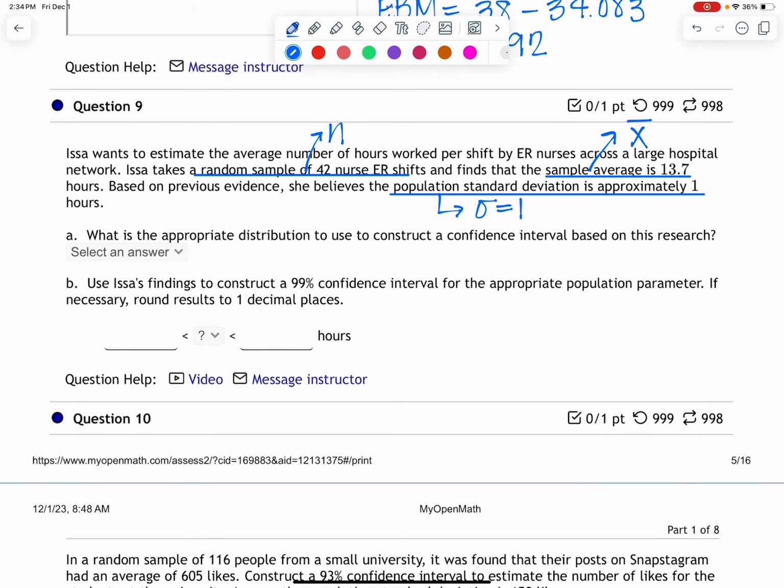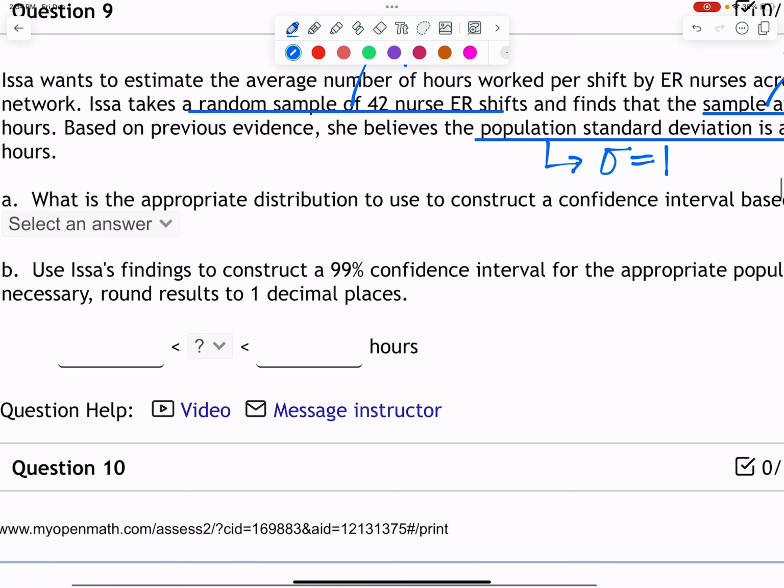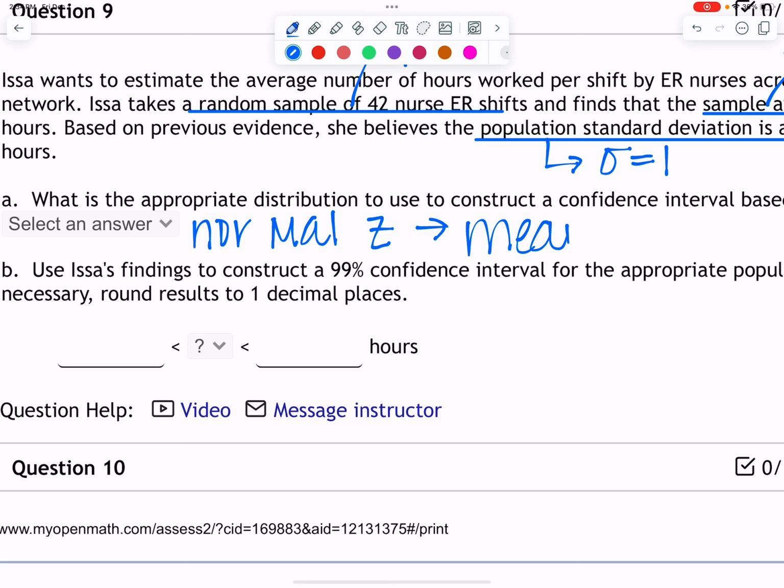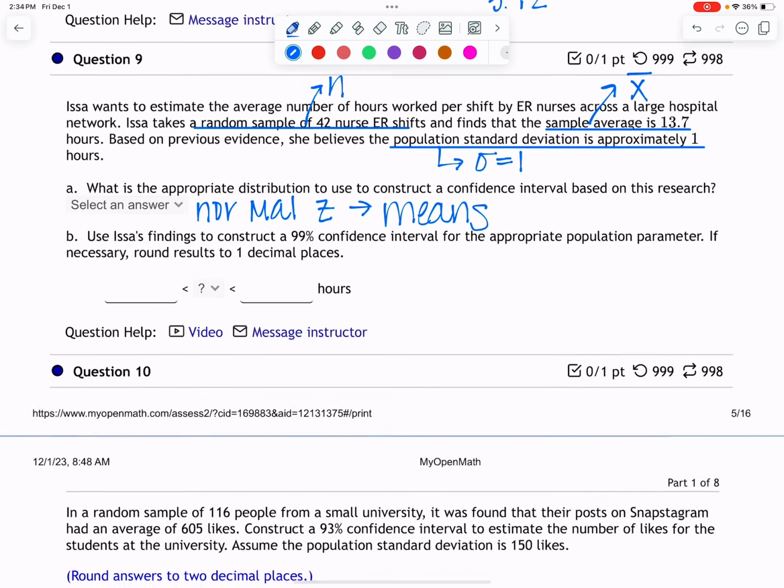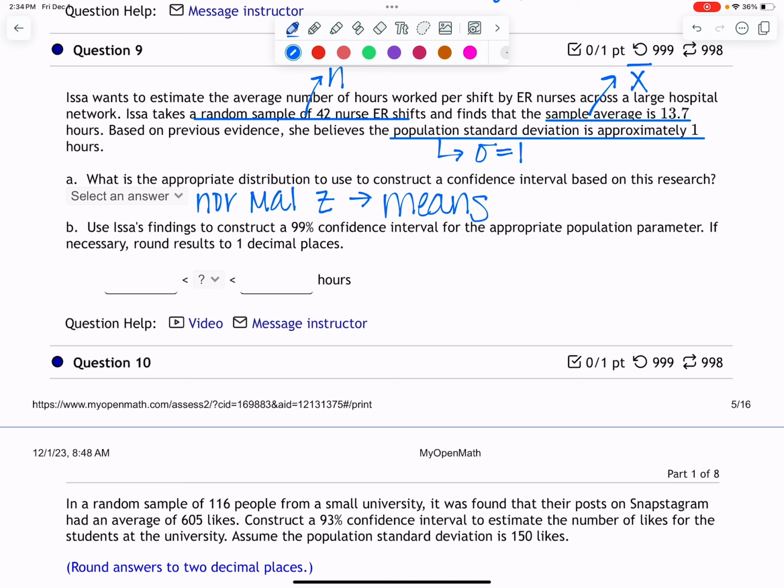Since we know sigma, we're using normal Z. I can't do the drop-down menu right here because I had to work off of a PDF. If it asks, it's the normal Z for the means. We're supposed to use the findings to construct a 99% confidence interval for the appropriate population parameter.